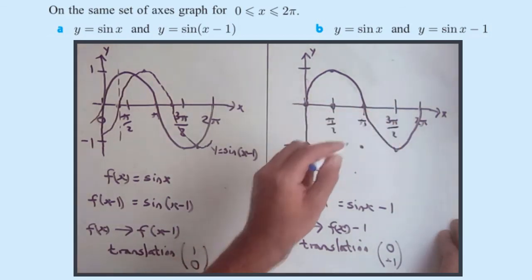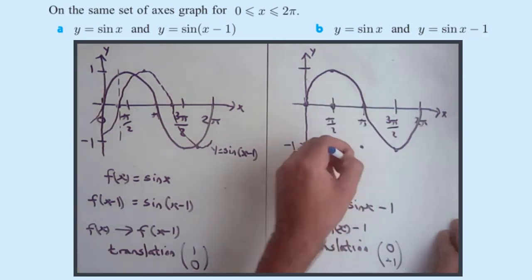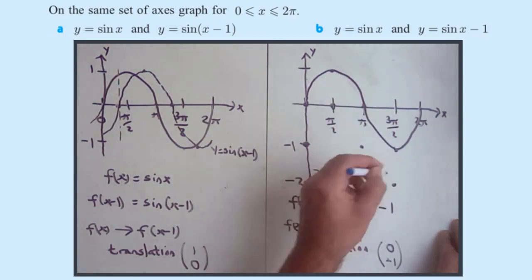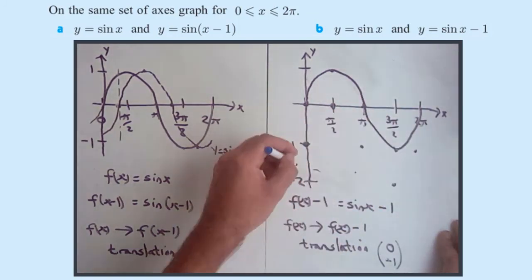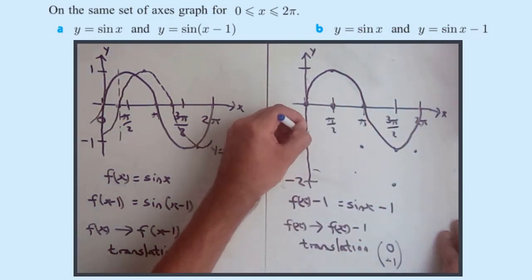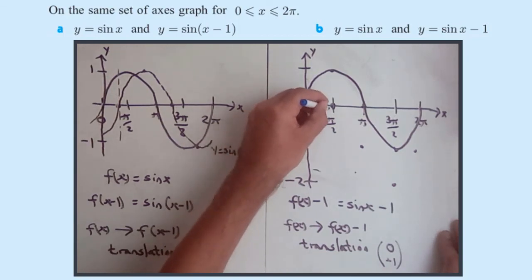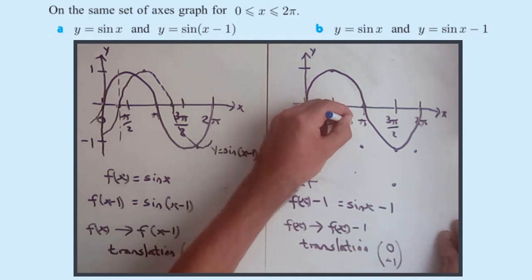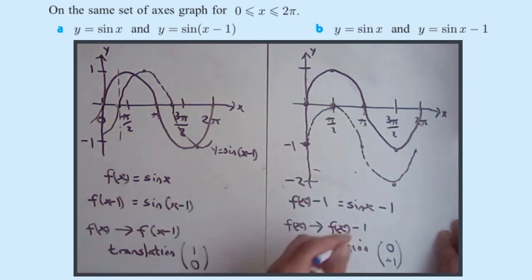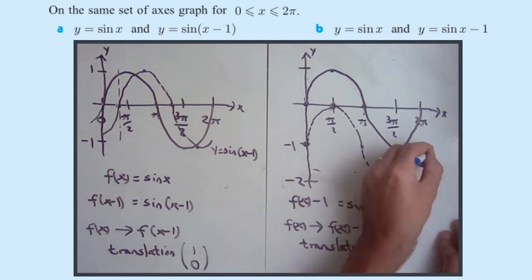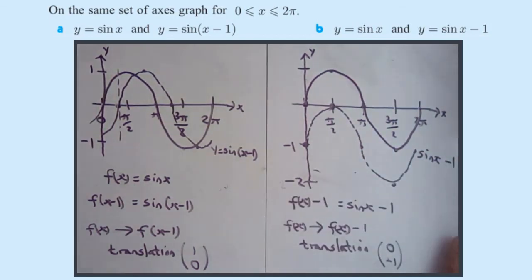This got down to -1. The trough now, the lowest point will be -2, and this 0 will be at -1. So like that. It's going to go something like that. And then it's going to come down all the way down here and up to there. So that is sine of x minus 1, just like that.